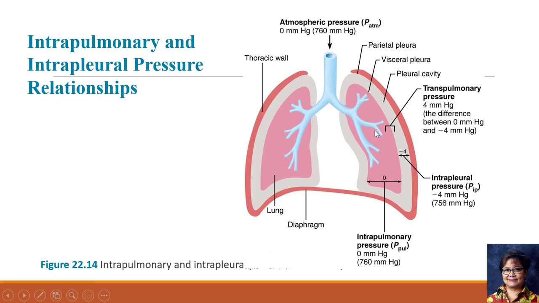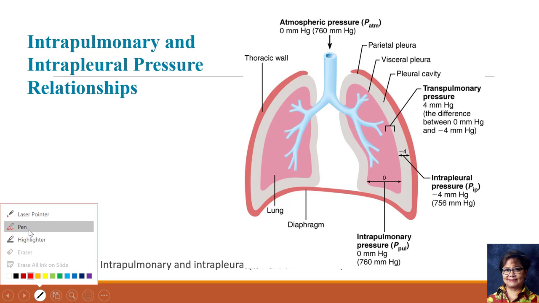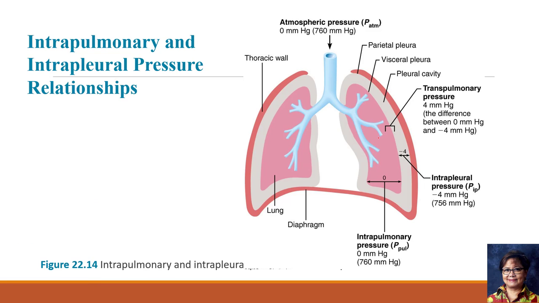This is something that is really good to highlight, maybe with a pen. Here is your intrapleural pressure, and take a look at it. It's actually -4, and that's the negative pressure.